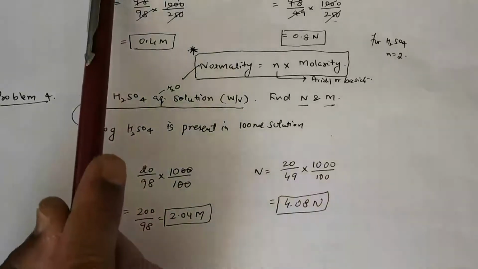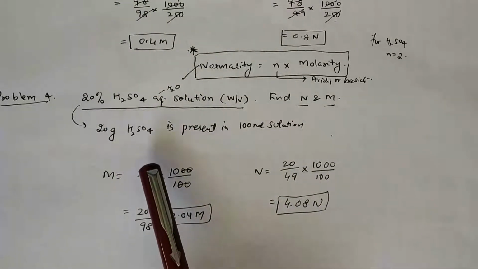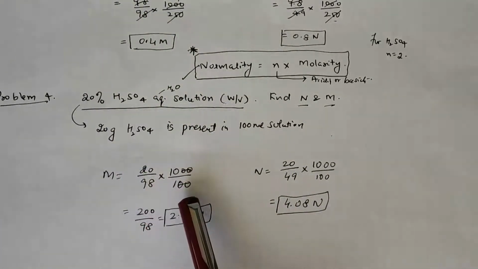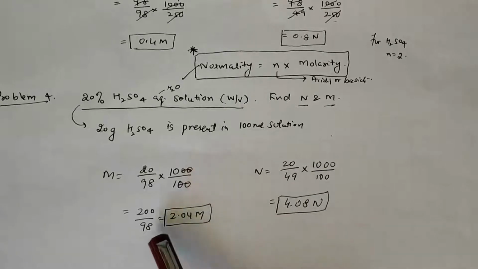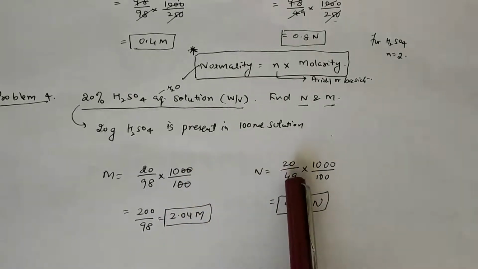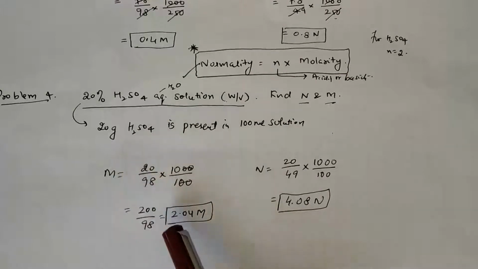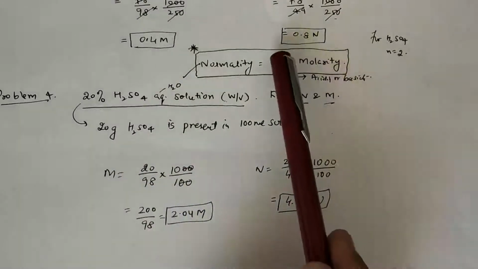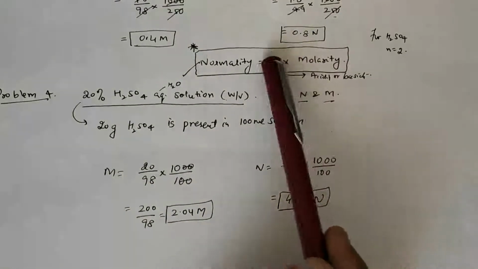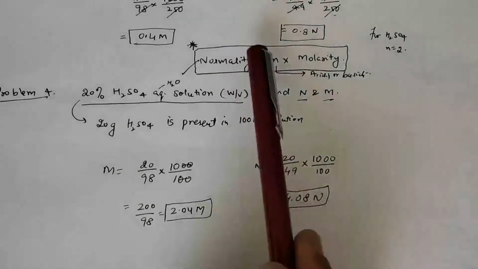You can use the formula of molarity: 20 upon 98, 1000 upon 100 ml solution. So you will get 2.04 molar. For normality, here we have 49, so it comes out to be 4.08. If you can calculate molarity, then molarity multiplied by 2 gives you the normality. So you can also use this relation.